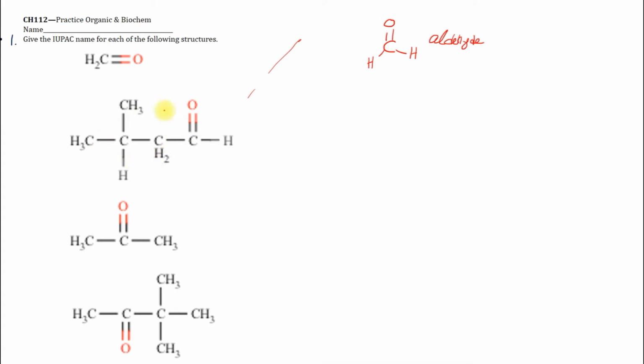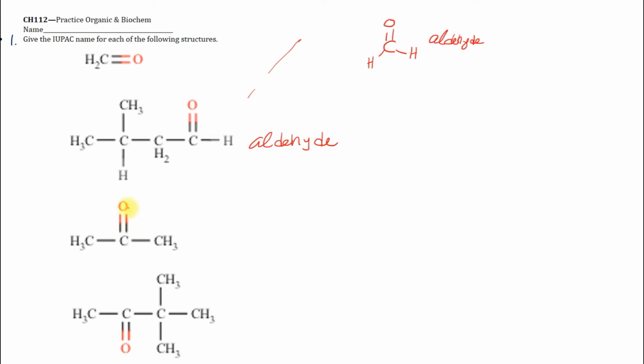So it doesn't matter what all this stuff is, whether it's just a hydrogen or a whole bunch of other things. Like in this case, it would essentially have a butyl group attached to it. So it's still an aldehyde because it has that carbonyl with an H.